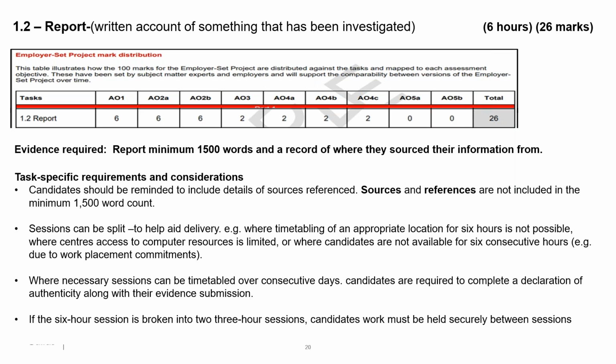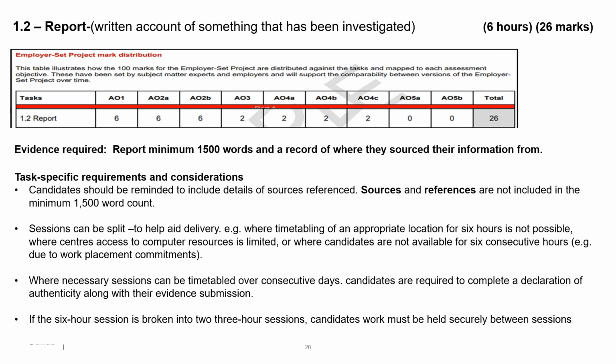They have 6 hours and 26 marks equated to this. And it's about something that they will have investigated. Now this task carries, I think, the most marks, and it's marked against all of the assessment objectives except AO5, which is, again, about evaluation.